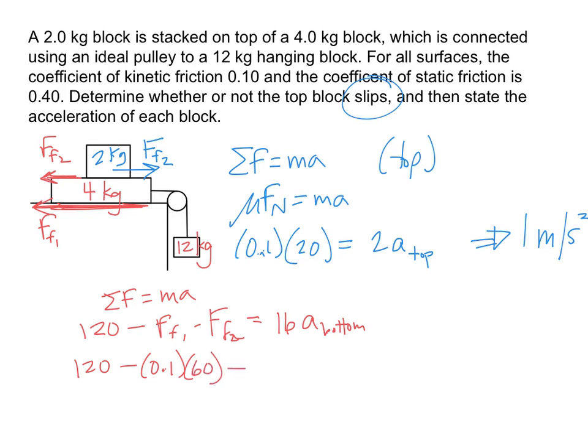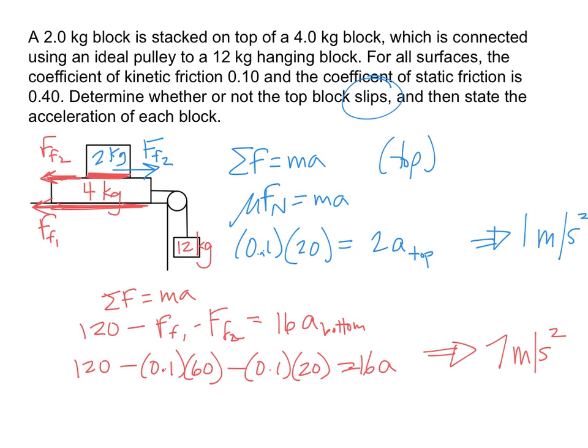And then on the top here, this frictional force, this F2, is only due to the push between the 2 and the 4. So it's only due to the 20 newtons pushing down. So here I have 0.1 times 20, and that's going to equal 16 times my A bottom. And when I go through and calculate A, it comes out to be 7.